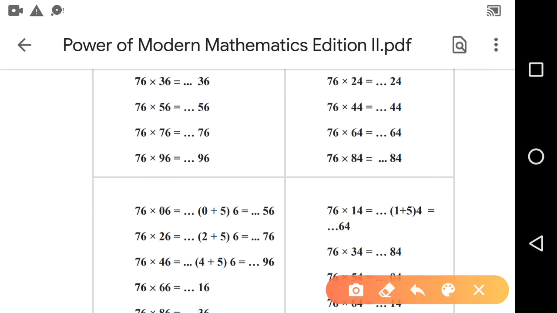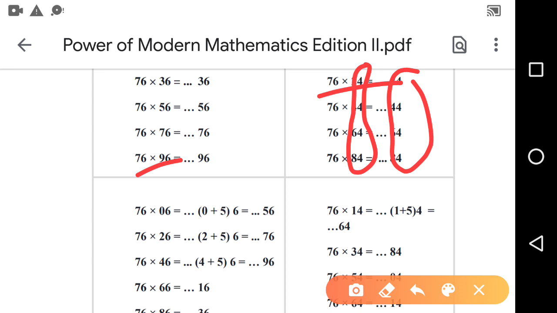76 into 96 is also 76 into 24. In general, any multiple of 4. But here 76 into 06, so it does not end with 06, but we have to increase the tens digit by 5.